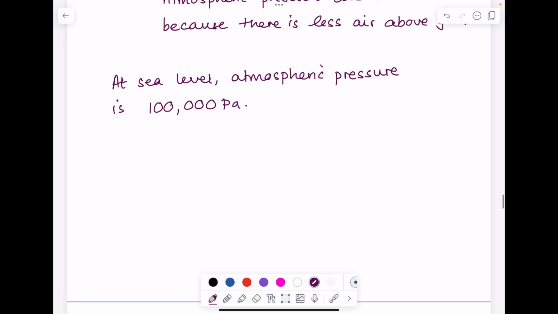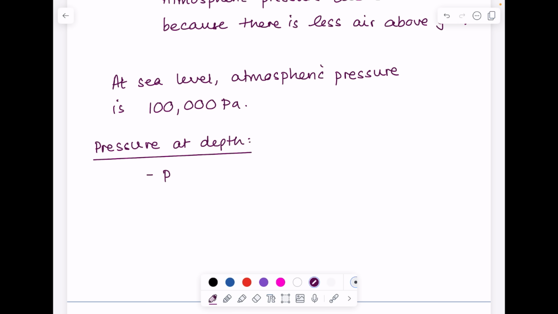What about pressure under the ocean? If you've been scuba diving, you'll be aware of this. Well, the pressure massively increases the lower down you go. So pressure increases as depth increases. And really, that's just because you've got so much more water above you.